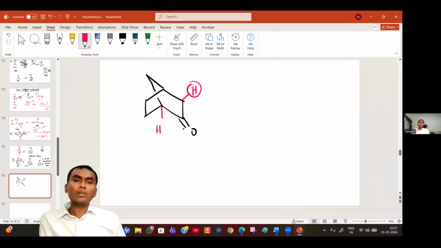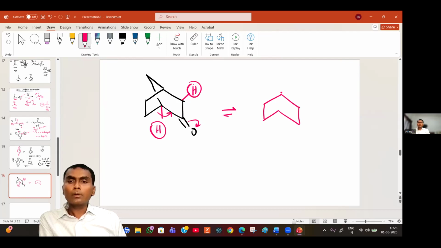O double single hydrogen can take part in tautomerization, but this one is not because this will go here and this will be this way. Then we consider here this side double bond which this one. Here there is a high strain on this because of planarity.